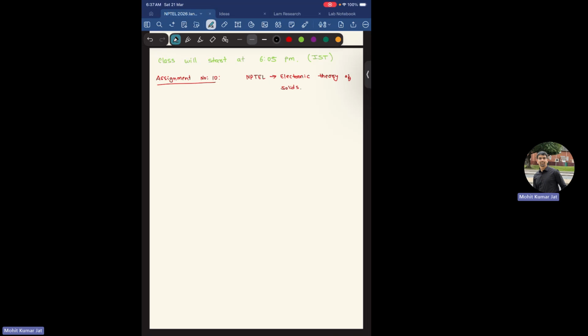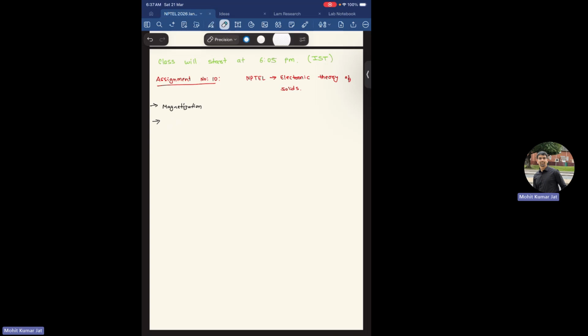So today I'll be talking about the magnetization properties of a class of materials, the magnetic properties of materials, based on the quantum mechanical approach and the related problems on that.